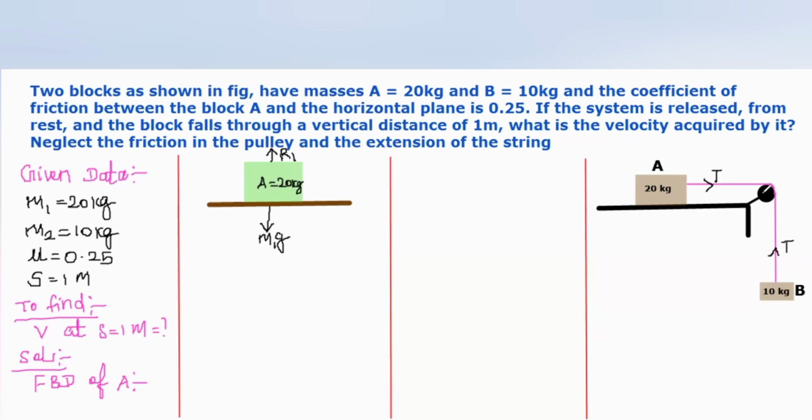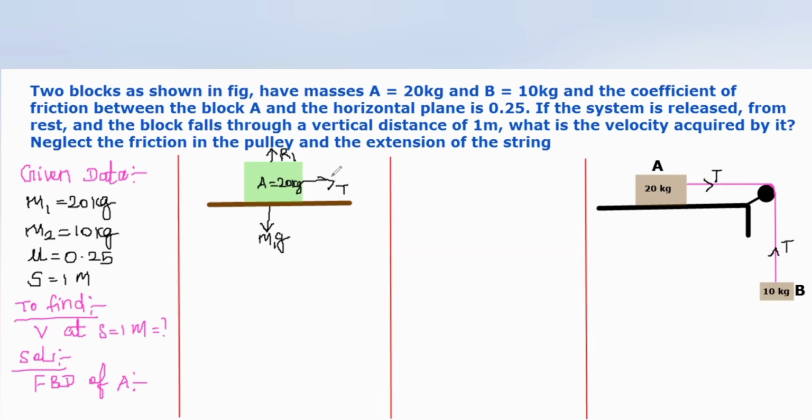The two tensions on the string are numerically equal and opposite in direction, since A and B, the two bodies, are connected by the string. So for the free body diagram of A, this tension in body A will act towards the right side.